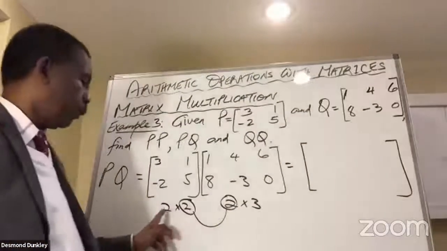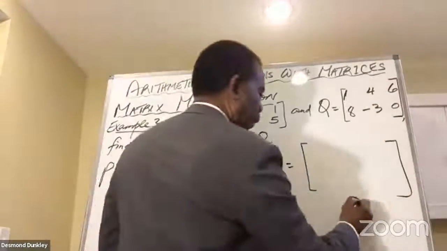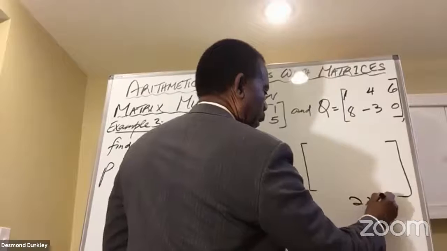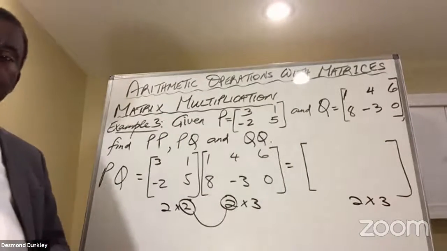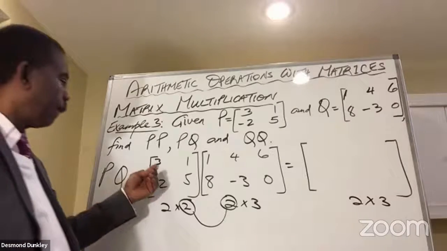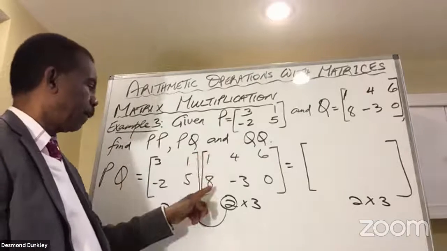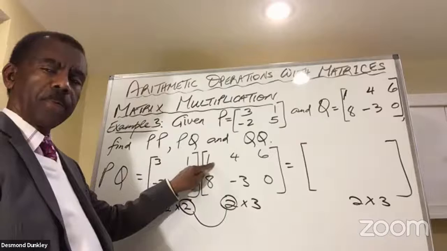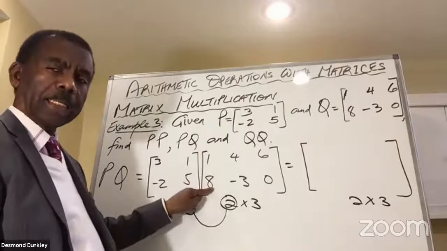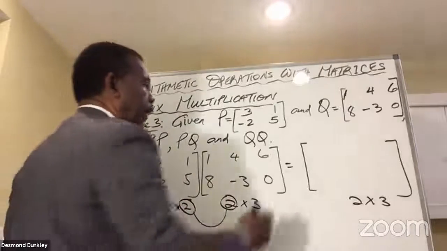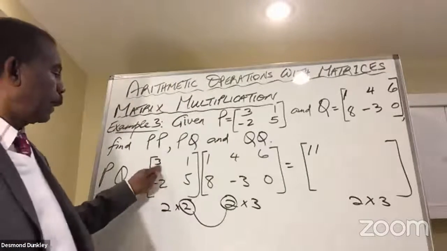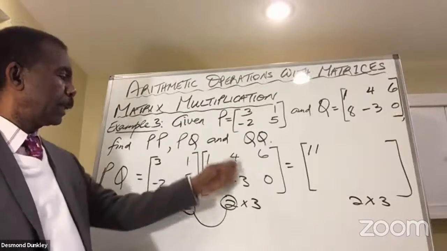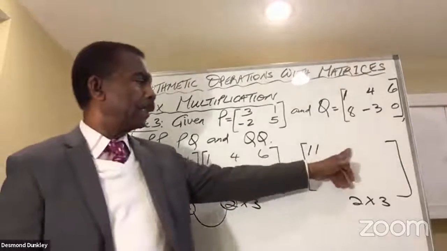So now we need a 2 by 3. So we need 6 entries to make the 2 by 3. So it's going to be the first row times the first column. 3 times 1, 3. 1 times 8, 8. 3 plus 8, 11. And it's going to be the first row, second column to get this.